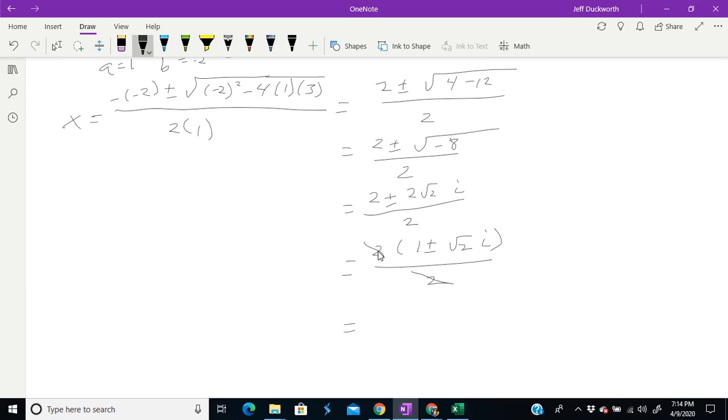So that means our values, x equals 1 plus root 2i, and x equals 1 minus root 2i. Both of those numbers are in our proper form, standard form for complex numbers.